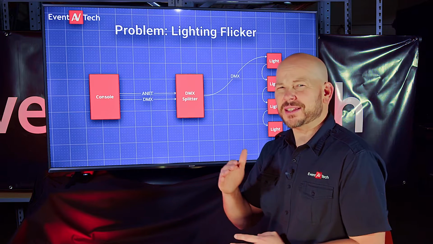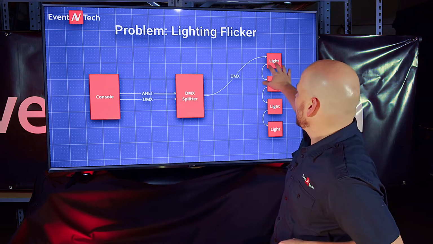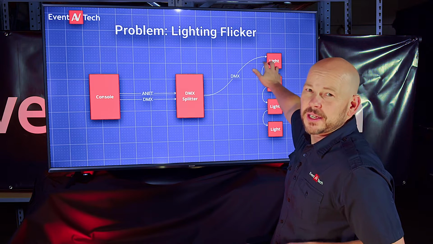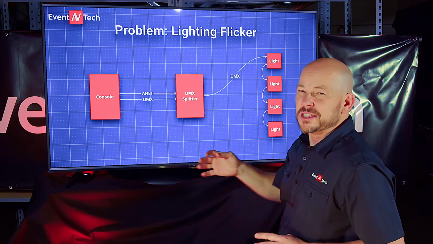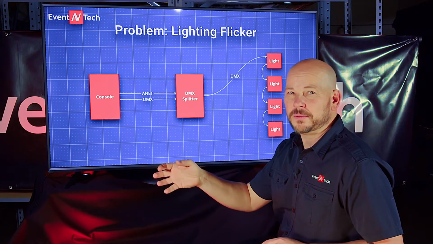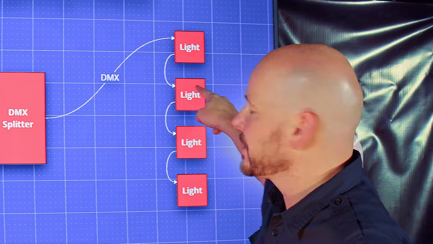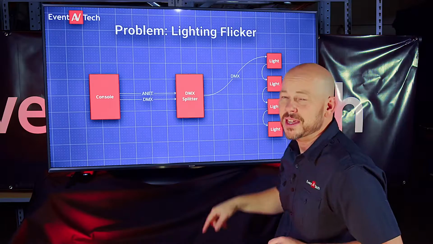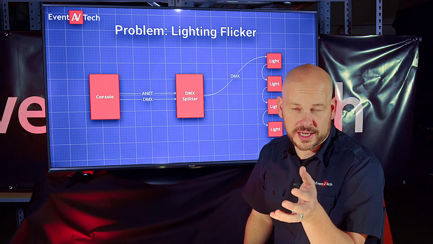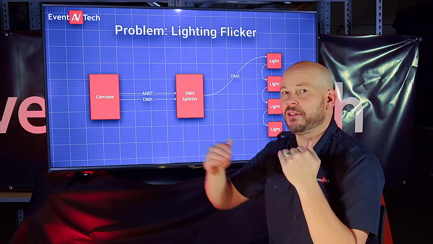Now, the reason that the impedance might be changing is the lights themselves, especially cheaper lighting fixtures. They are going to steal a little bit of signal as they take the signal in and repeat the signal back, and they take it in, they repeat it back. They're potentially going to cause the impedance to slowly begin to drop down the line.